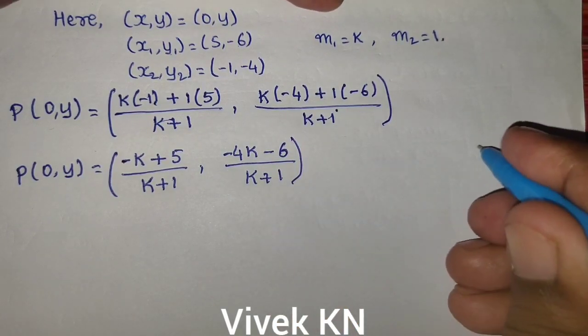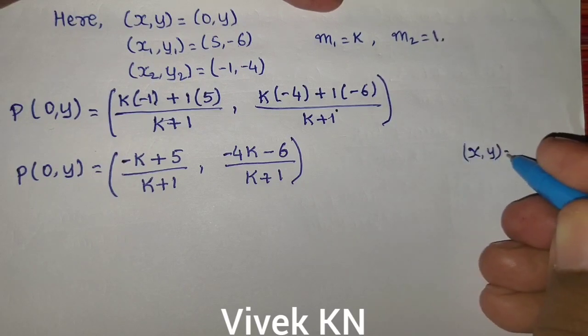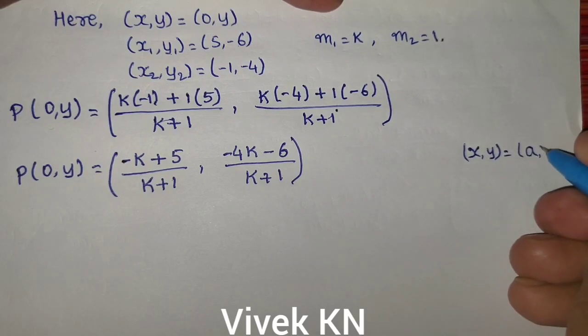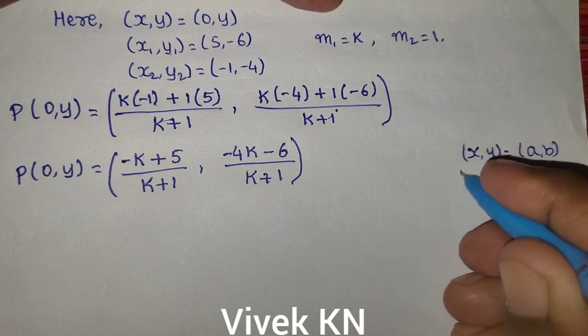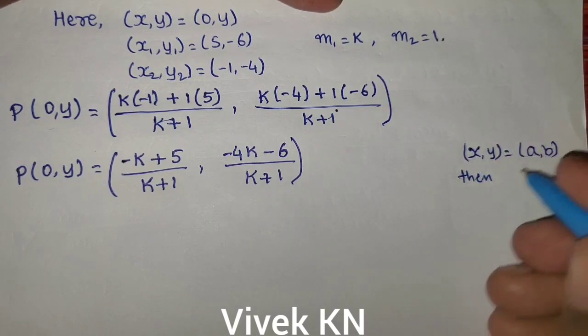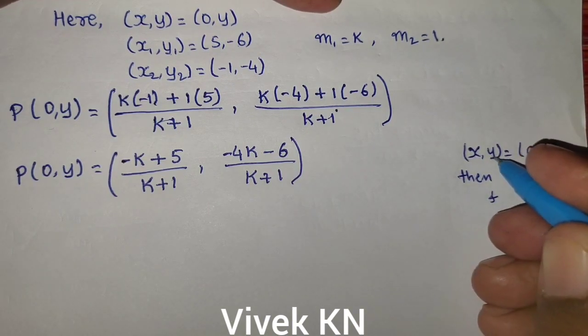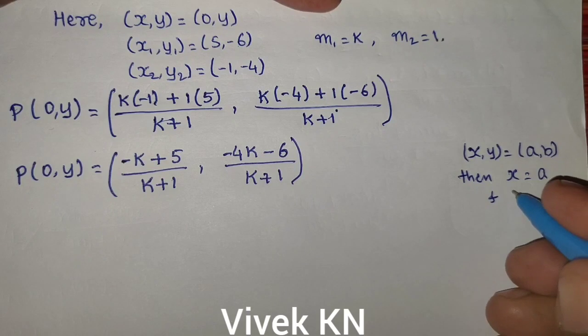We know that when (x, y) is equal to (a, b), then x is equal to a and y must be equal to b.